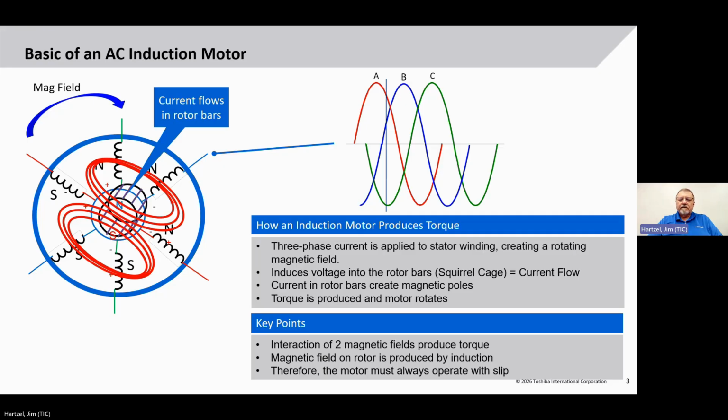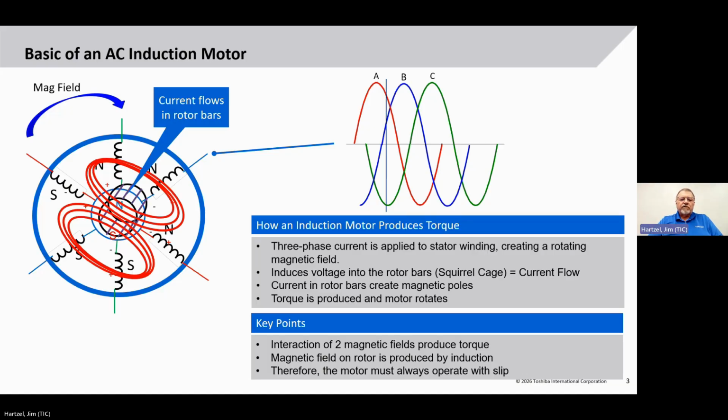As the waveforms change from positive to negative, it switches the polarity of the magnetic fields. So what we get is a rotating magnetic field going around the stator. This is just your standard induction motor theory.